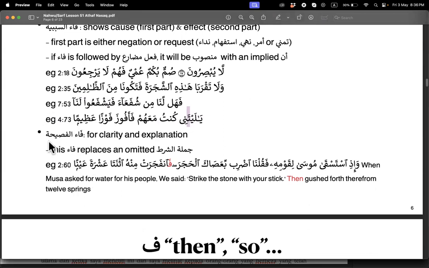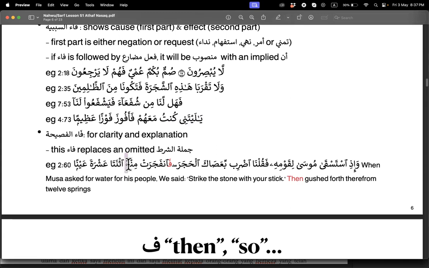The last one here is fa fasiha. This one is to explain something. When you have this fa, it replaces a jumlah syartiyah, basically. Here we have, when Musa asked for water for his people, then we said, meaning Allah said, strike the stone with your staff, then twelve springs gushed out from it.